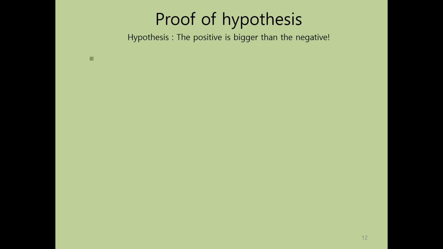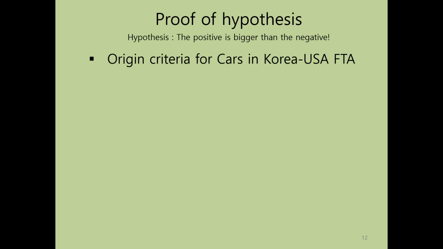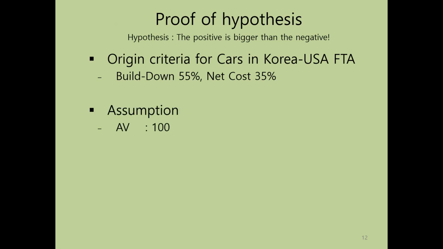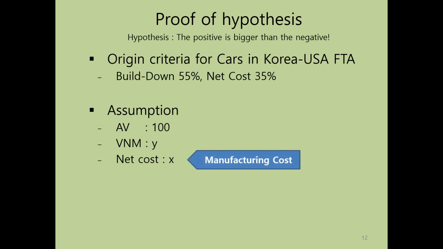As you know, the origin criteria for cars in USA, Korea US FTA is build down over 55%, net cost over 35%, and we will assume that AV, the product price, is 100, and VNM, value of non-originating materials, is Y, and net cost is X. I'd like to emphasize that net cost is almost the same as manufacturing cost, and we will see the maximum allowable rate of VNM, Y, of each method.